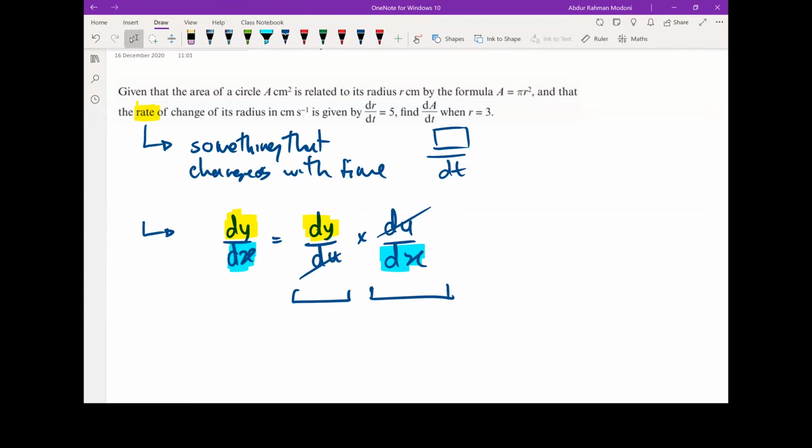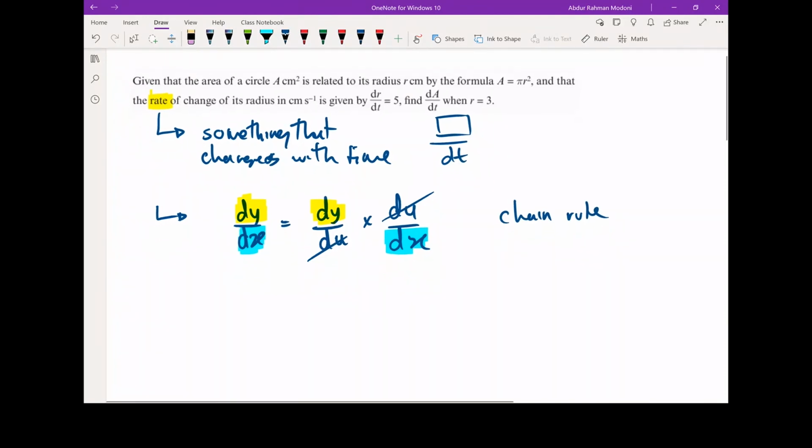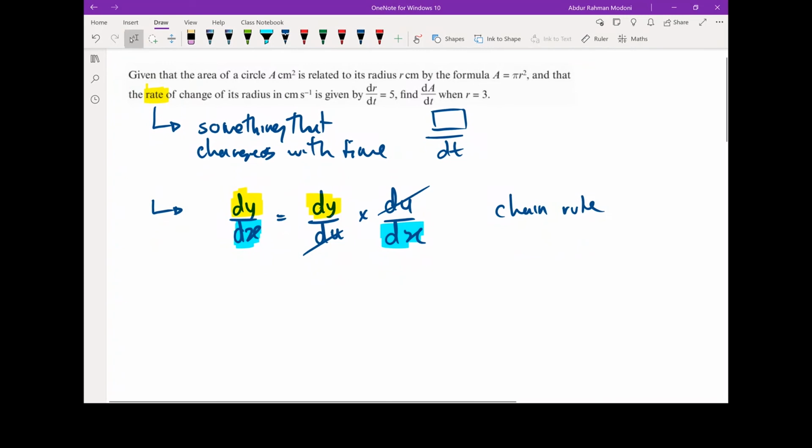So I've got one derivative and another derivative, and they're connected together. If we multiply them, it gives us dy by dx. So this is our chain rule. We're going to be using the chain rule and understanding the word rate to answer this question.